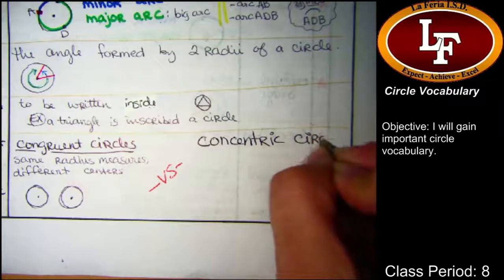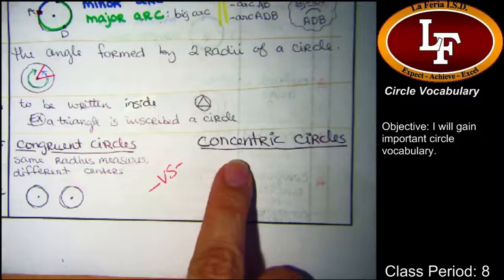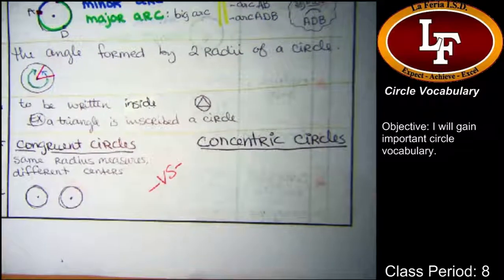All right, let's talk about now concentric circles, and I want to start with this word, concentric. Most of y'all know or understand some Spanish, yes? Okay, we'll help you out. The word C-O-N, con, in Spanish means with.